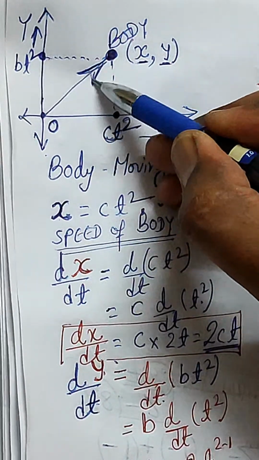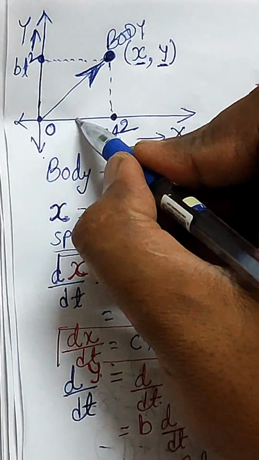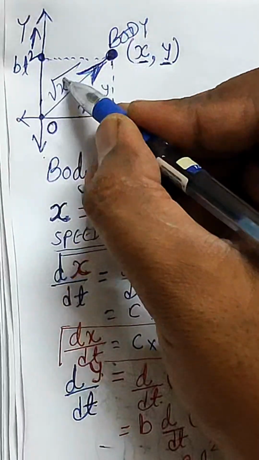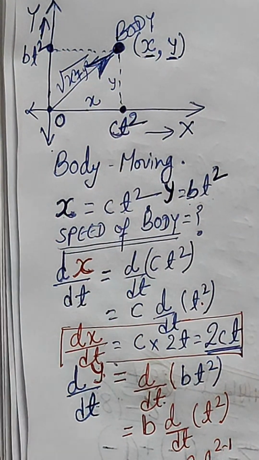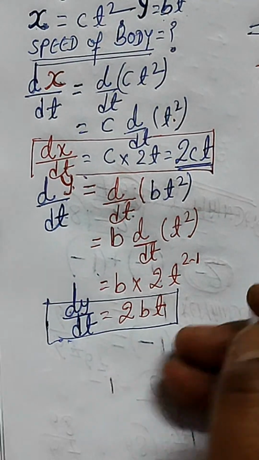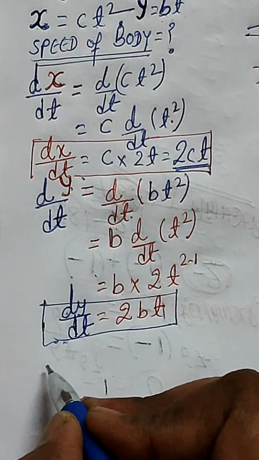If you remember the vector concept, if this is x, if this is y, this is root over of x² plus y², isn't it? So with that concept, I am assuming that you know it, we can see the speed of the body.